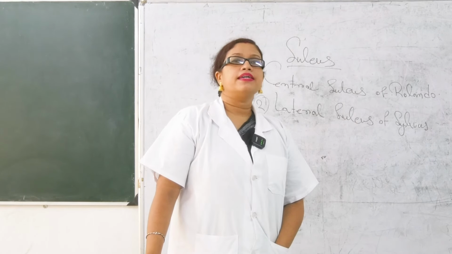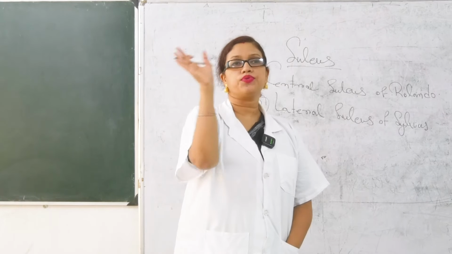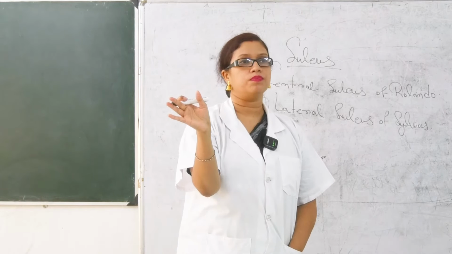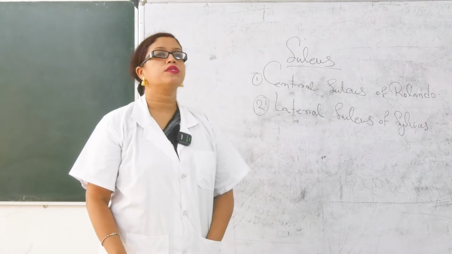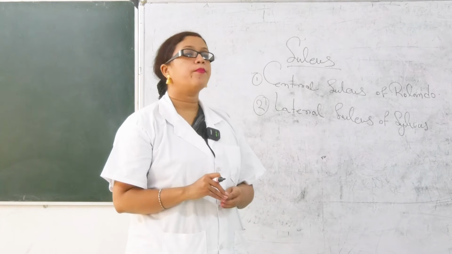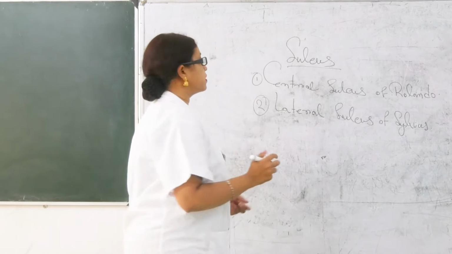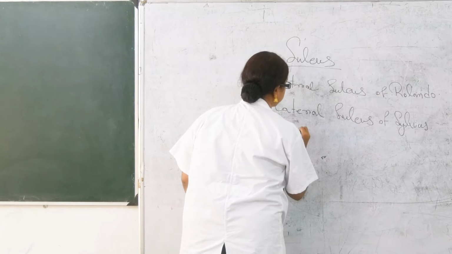Then the next sulcus you have to know. There is no such sulcus present between the parietal lobe and the occipital lobe, but although we are getting one, that is known as the parieto-occipital sulcus. So the third sulcus to remember is the parieto-occipital sulcus, dividing the parietal lobe from the occipital lobe.